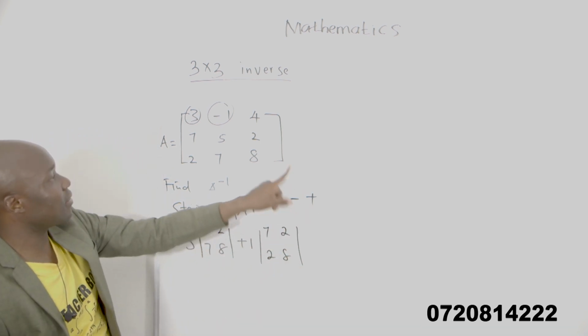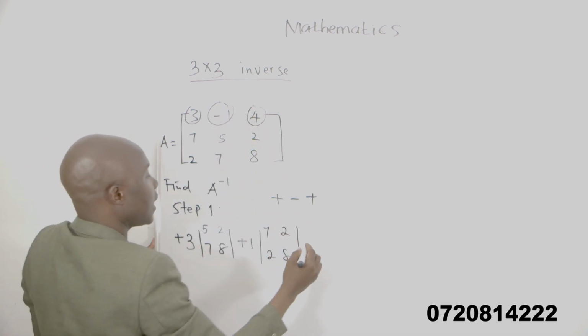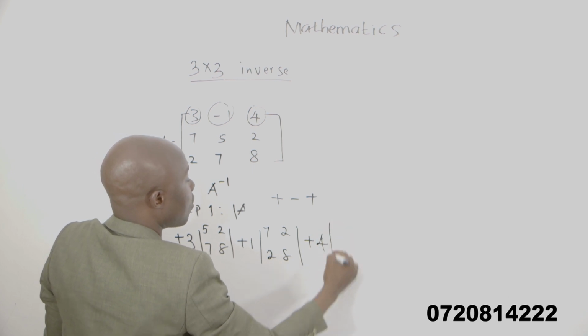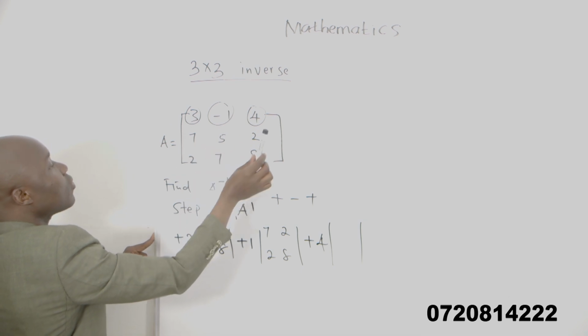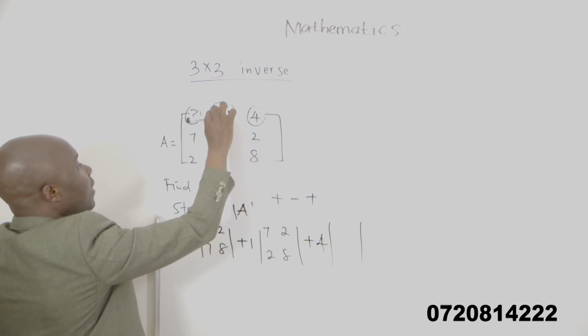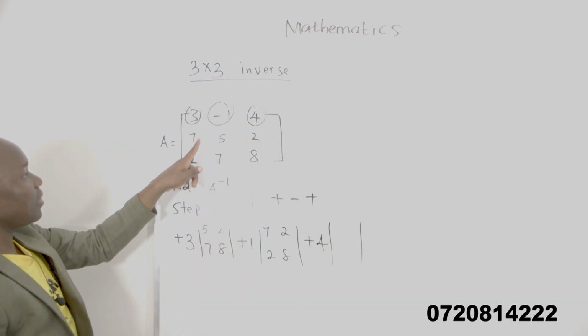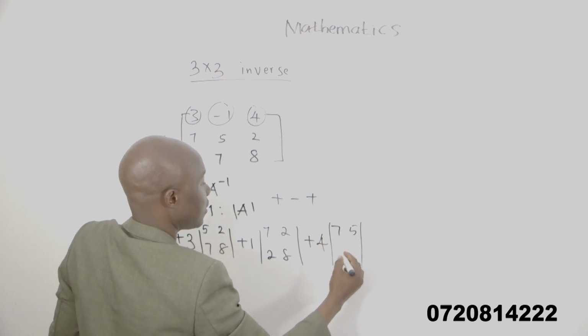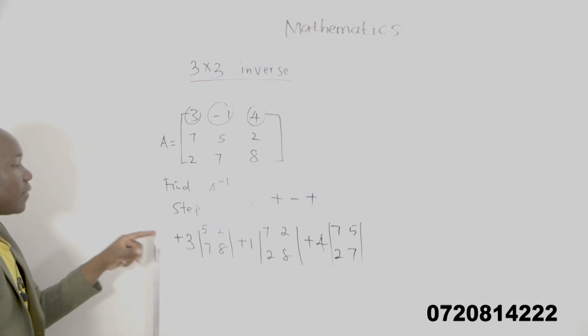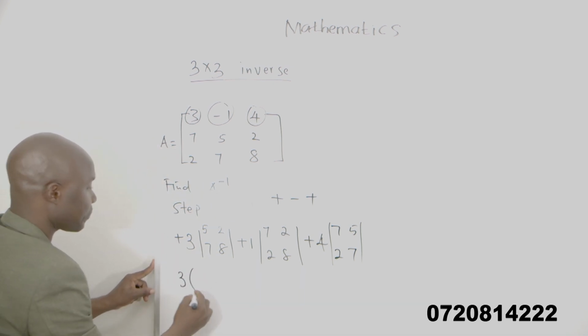Then lastly is a plus 4. Then you delete the entire column and the entire row. The entries remaining will be 7, 5, 2, 7. Here we are going to have 3.